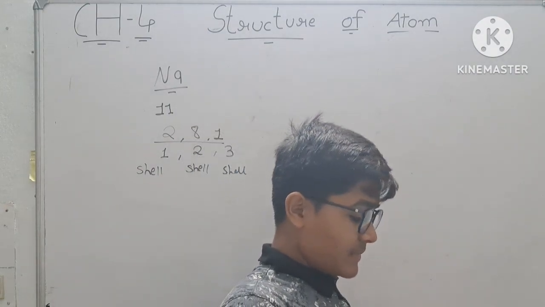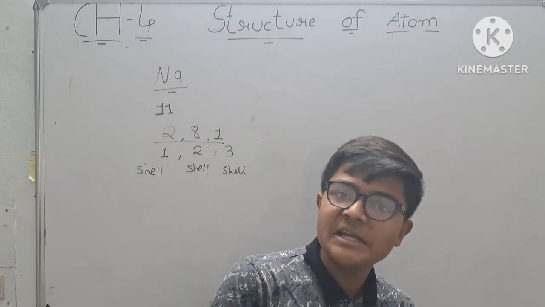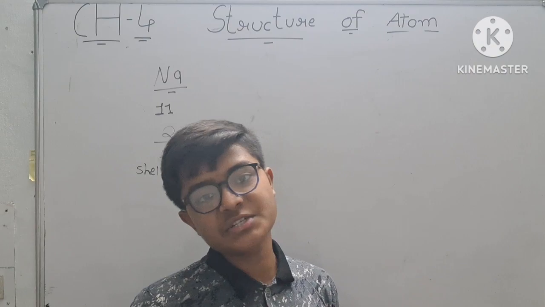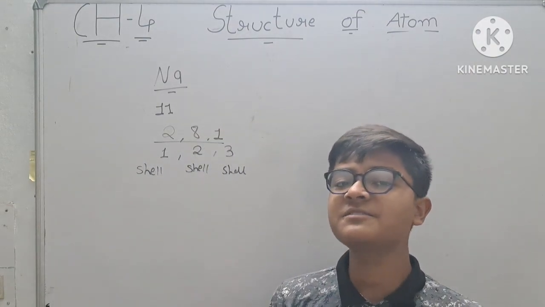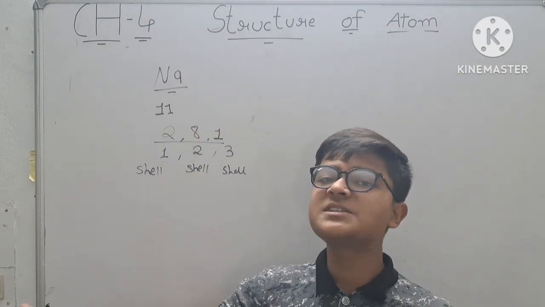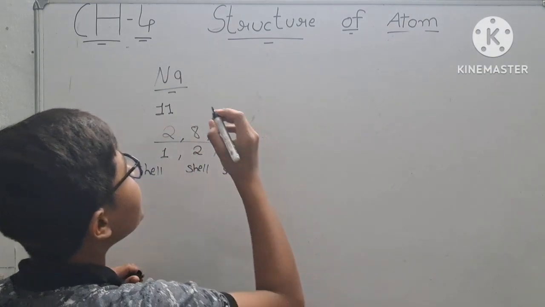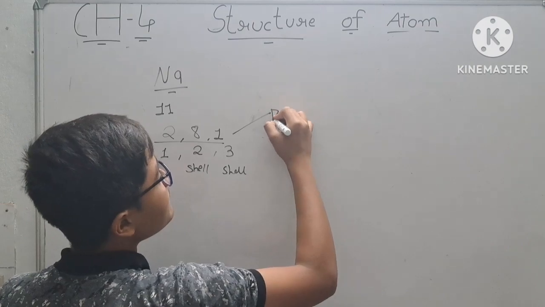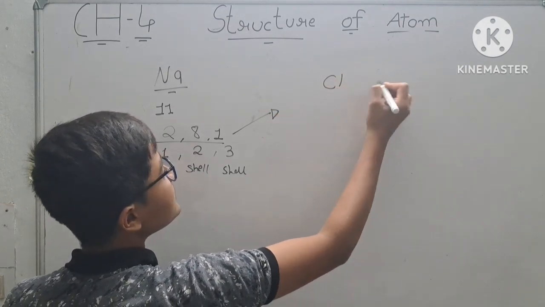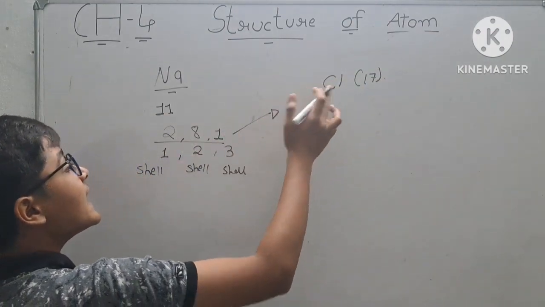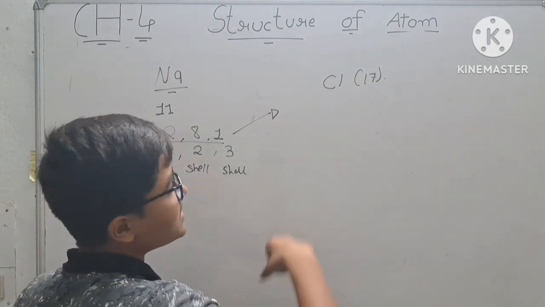But if we take 7 electrons from another element, a lot of energy will be wasted. So what will it do? It will react with Cl. Why Cl? I am explaining. Cl has 17 electrons.